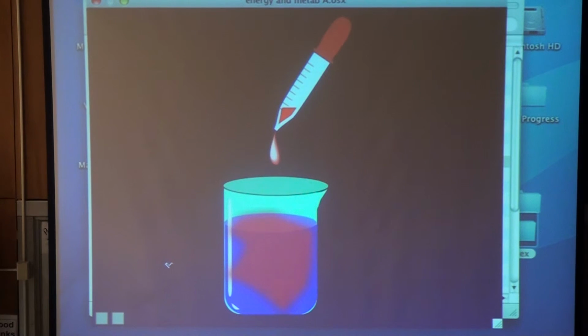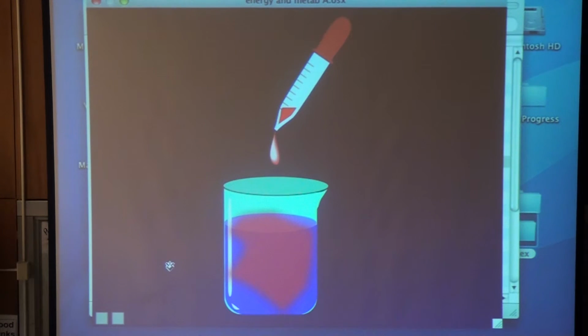And a key word to notice here in the definition of diffusion is that it is a spontaneous process. And remember, that term has special meaning to us. It means that the molecules are losing potential energy.